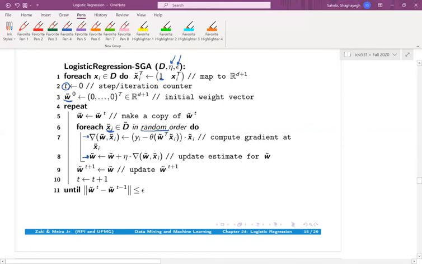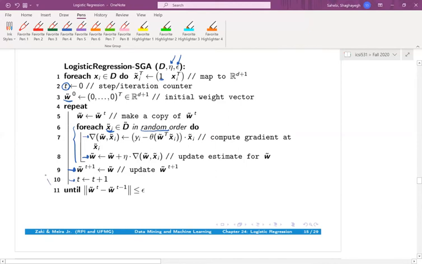We do this until we go over all of our data points in a random order. After we have done this, we say, okay, the last iteration is going to give us the W for the large iteration counter t plus 1. We update W t plus 1, and we set the counter to t equals t plus 1.